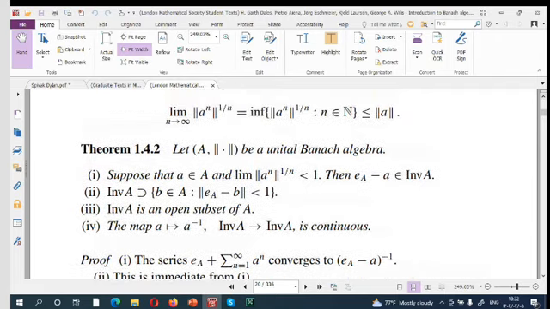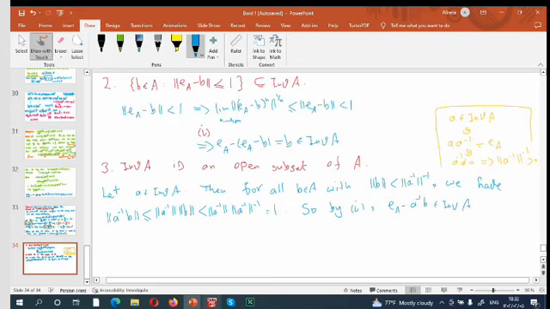So by this inequality, if the norm of A is less than 1, then this limit is less than 1, so this element is invertible too. Okay? So since the norm of this element is less than 1, EA minus this element must be invertible by part 1.